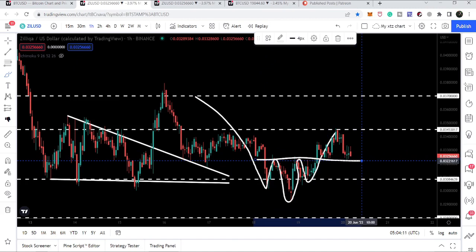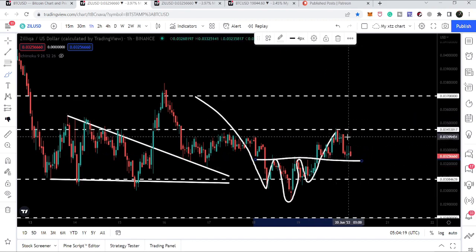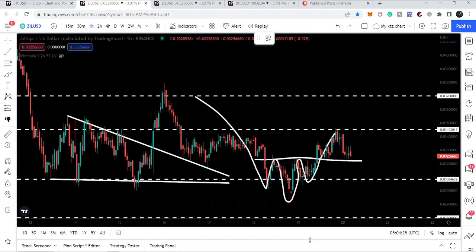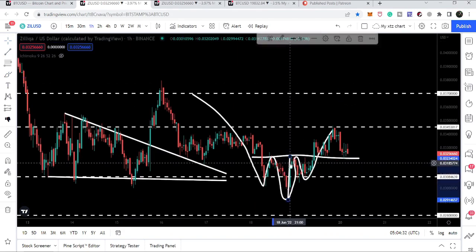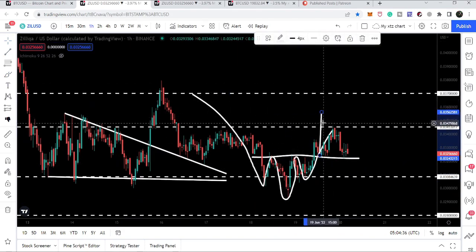When I shared my last video, at that time we were testing the support here. Right now you can see we had another attempt here to break out the next resistance of 3.45 cents, but again it was rejected, and we are testing the same neckline of this inverse head and shoulder pattern. If we take a look at the target for this breakout from the inverse head and shoulder pattern, it shows us the projection beyond this next resistance.